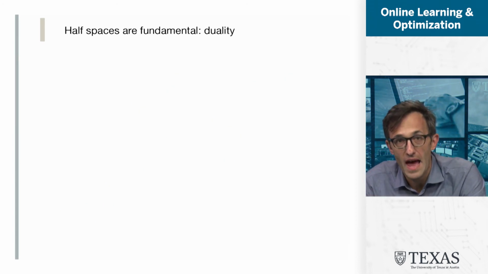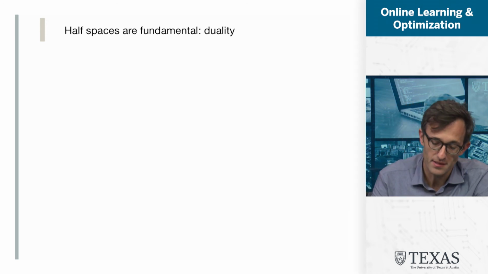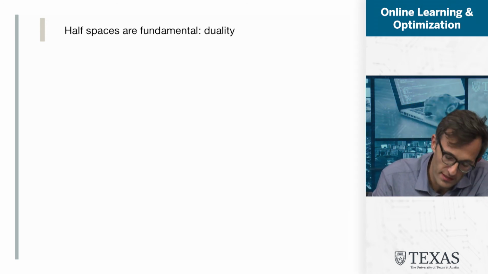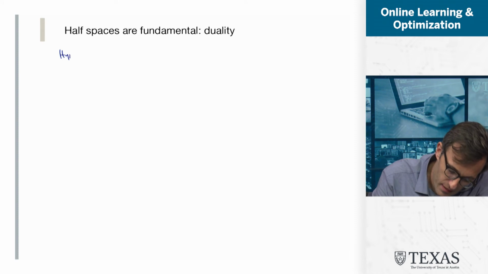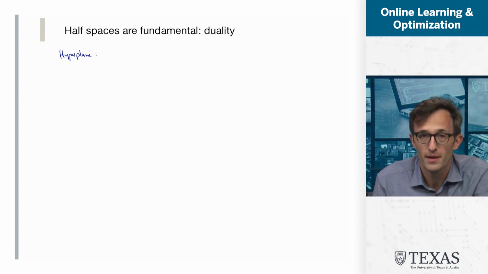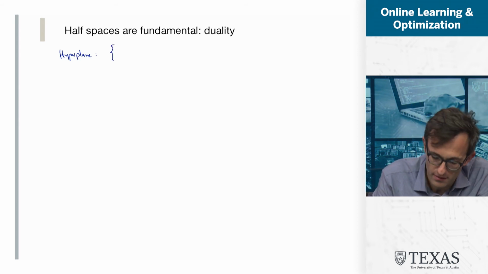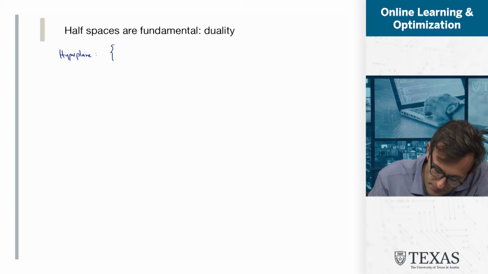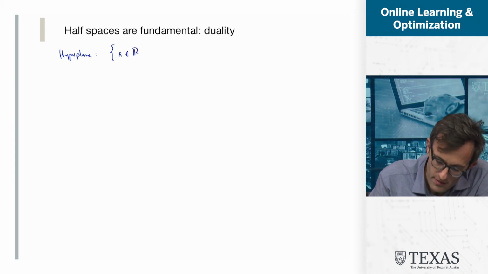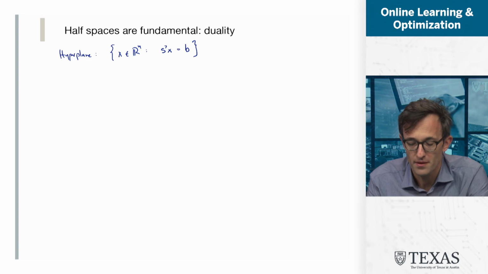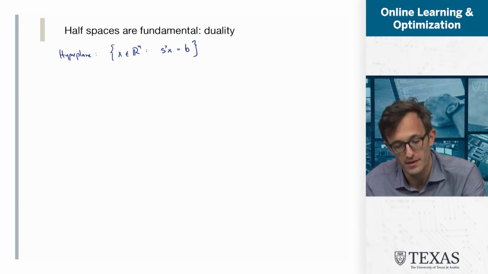Now, how do we define a half space given this? It's actually quite simple. A hyperplane is defined by equality. I'm basically just copying down what was on the previous slide. So a hyperplane is all the points x in R^n such that S transpose x equals B. Well, a half space is just everything that's on one side of it.